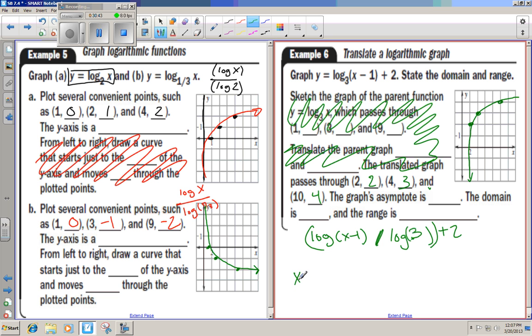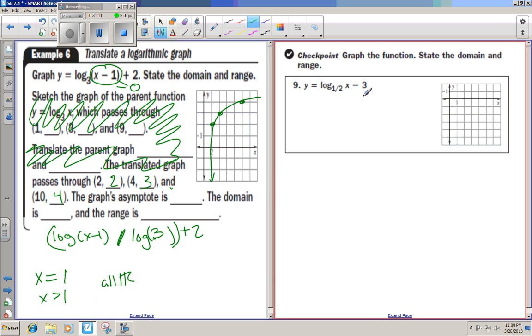The asymptote is x equals a certain number, and that number is what makes this equal to 0. So x minus 1 equals 0 means the asymptote is at 1. When you look at the graph, the domain is x greater than 1, and the range, of course, is all reals.